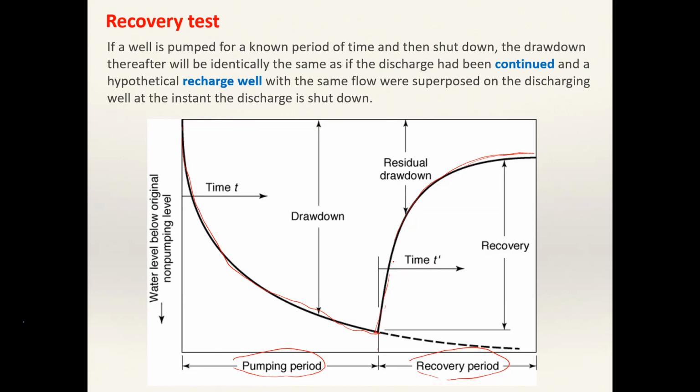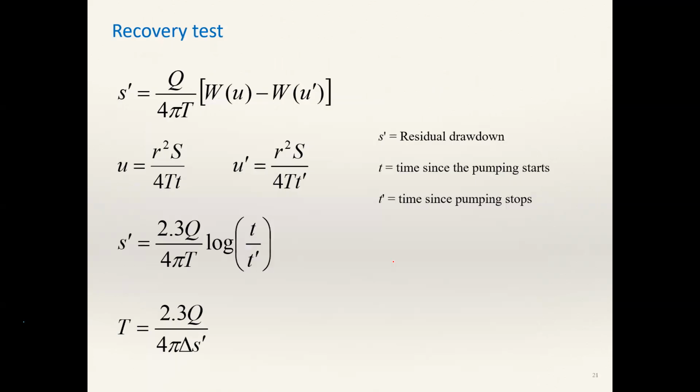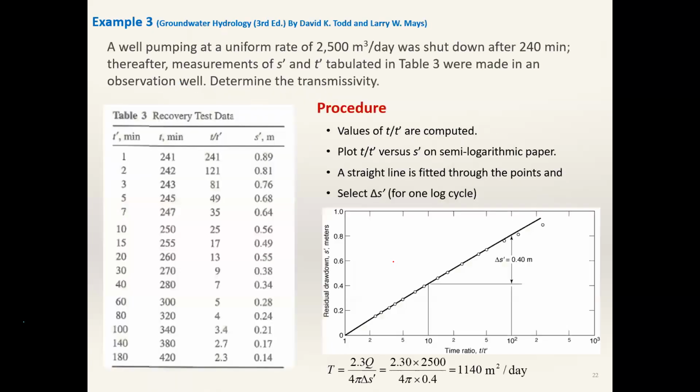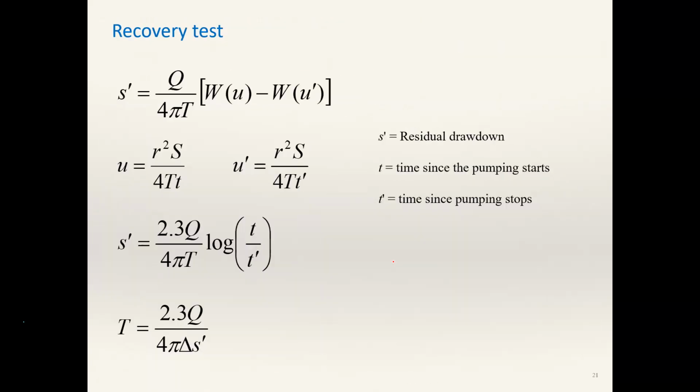All right? I'm not going to explain in detail what the effect of that is. You can read it in your booklet because of the limited time. All right? But I will explain how it can be used to estimate or verify our estimation from the pumping test. So here what we do, now this is the equation for the recovery test.